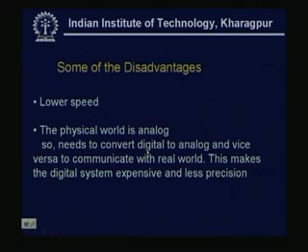Digital design means, our world is analog, I am talking or someone is singing, that is an analog signal. So, what we need is to convert that analog data to digital, because my information processing should be done in a digital way, as we are discussing digital system design.